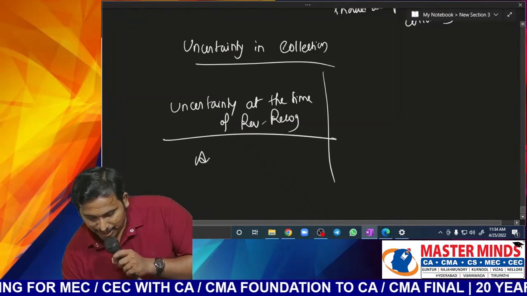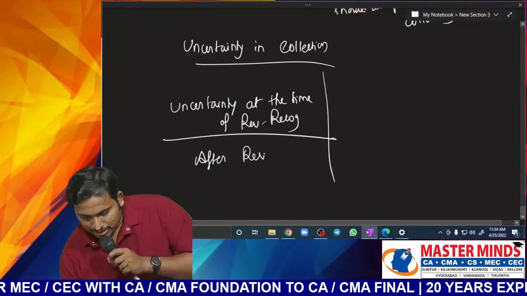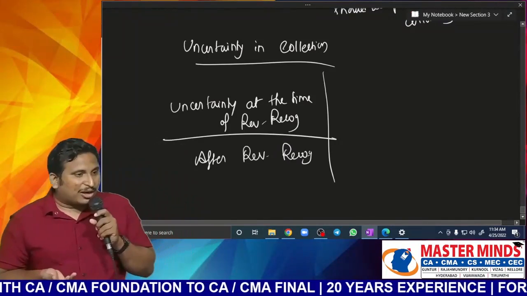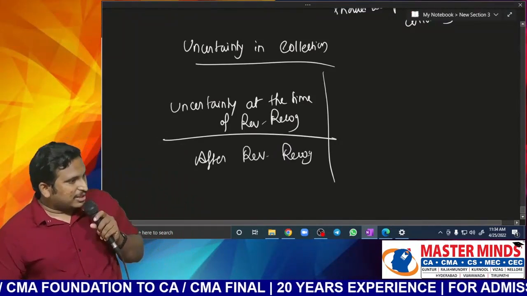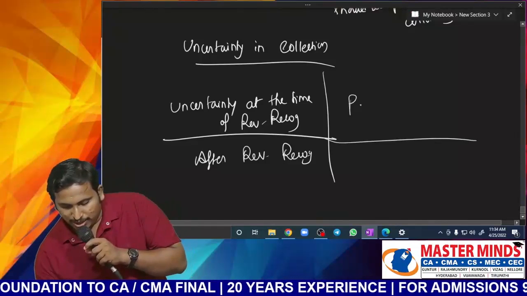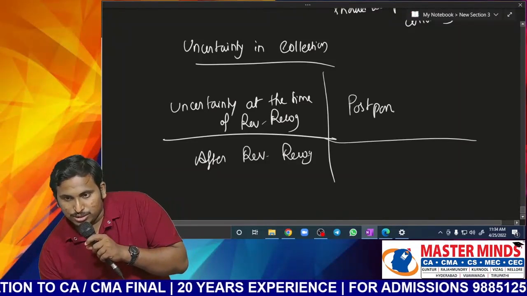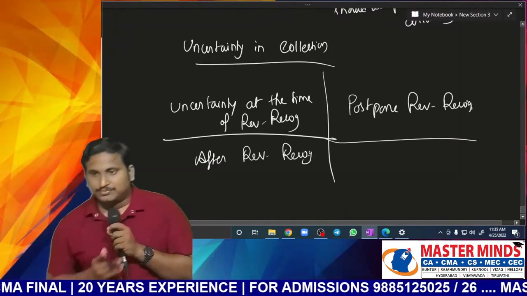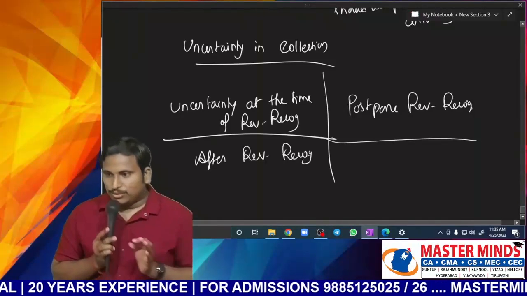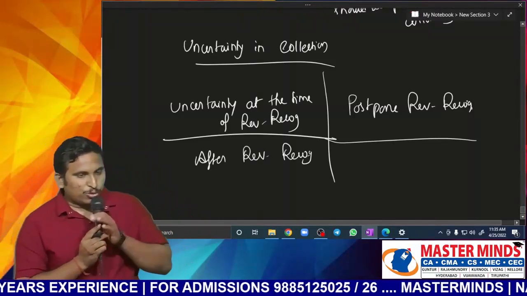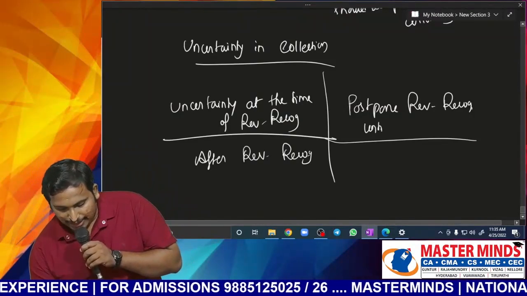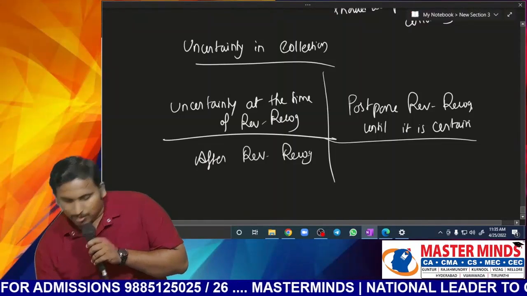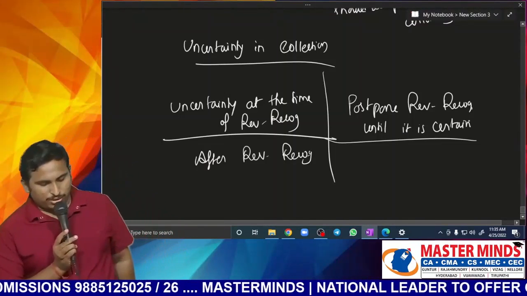If it is at the time of revenue recognition, that means till now you have not recognized the revenue, then the standard says postpone the revenue recognition. Until the collection is certain, don't recognize the revenue.